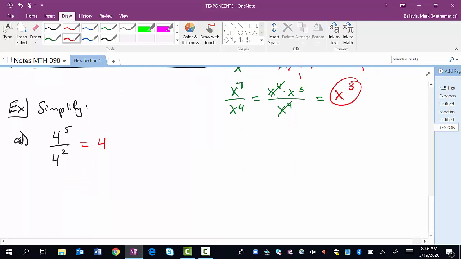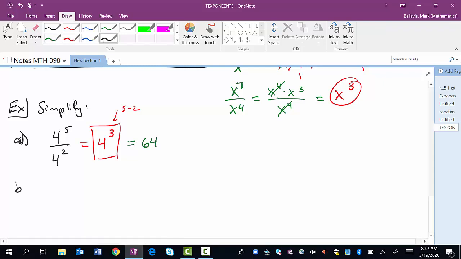Don't cancel those out. So 4 is the base, 4 is the base, 4 stays the base. And then 5 minus 2, remember, is subtraction, gives us 4 to the 3rd power. The way you're getting that is just 5 minus 2. And if you wanted to evaluate 4 to the 3rd power, you could do that using your calculator. That's equal to 64.